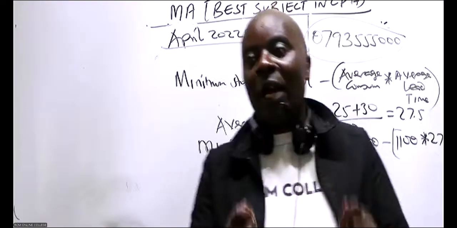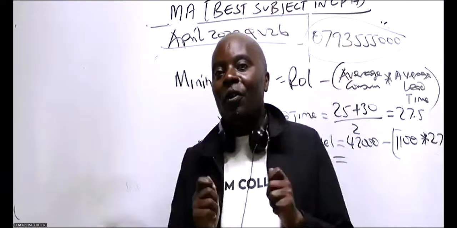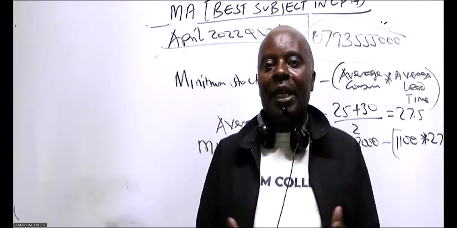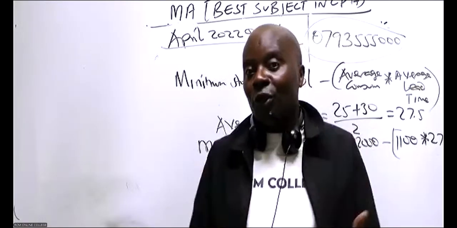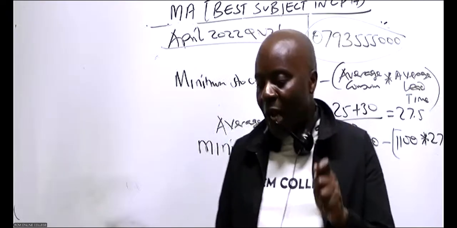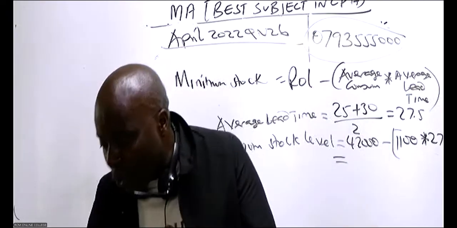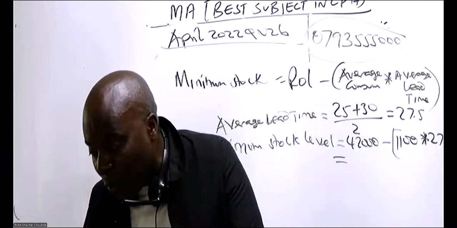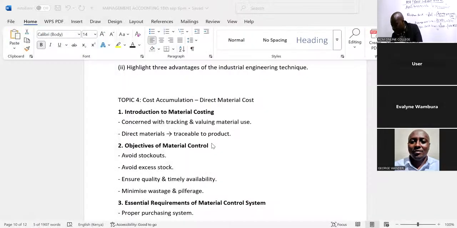So if you don't track those materials, at the end of the day, you will sustain huge losses. And remember, as a management accountant, you're supposed to be a good controller. So you must be able to track this material usage. And then at the end of the day, we are looking at what we call the valuation of the same materials.